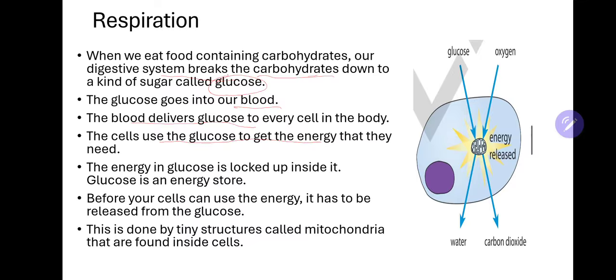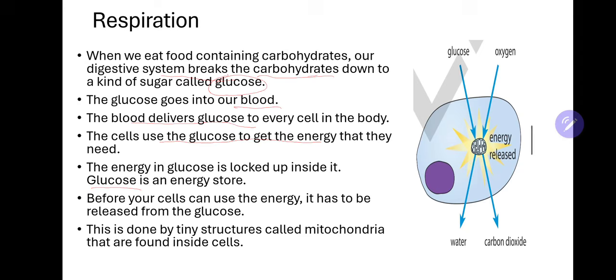As you know, these cells need loads of energy for various life processes. So these cells will be using this glucose to get the energy, and that energy is locked up inside the cell as glucose. So this glucose is an energy store which releases energy.